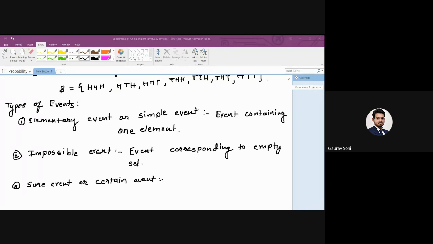Someone talked about deterministic experiment. Let me just make it clear that we are concerned here with non-deterministic experiments, because there is nothing to study in deterministic experiments. We already know the outcomes. So whenever we talk after this, we'll be talking about the non-deterministic experiment.